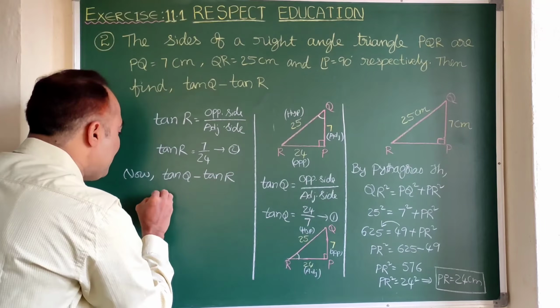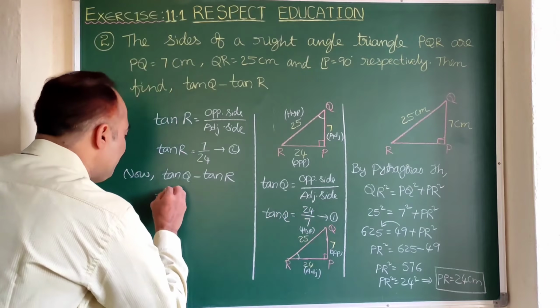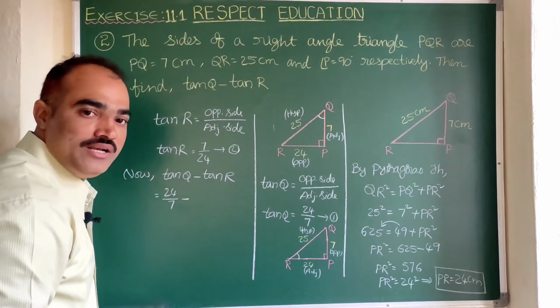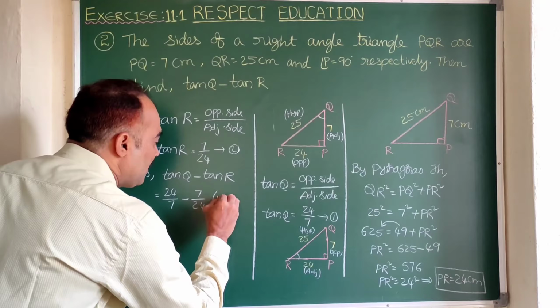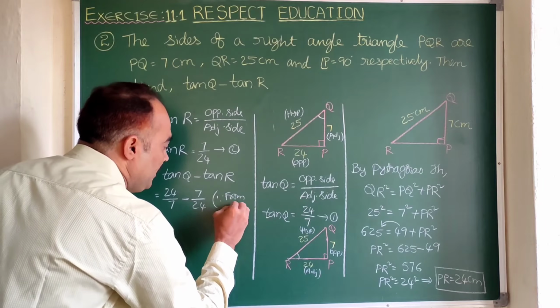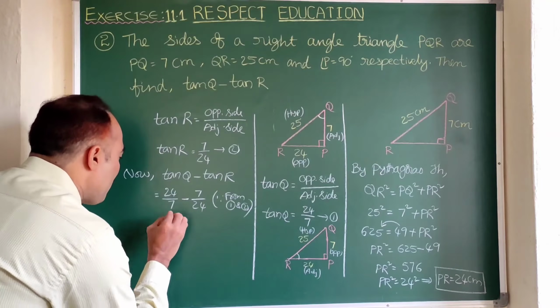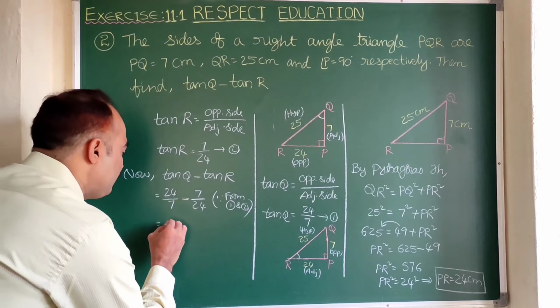Can anyone tell me what is the tan Q value? 24 by 7 from equation 1. This is 24 by 7 minus, what is the tan R value? 7 by 24. These two are from equations 1 and 2. Now, as there are two different denominators, the LCM will be 7 into 24.